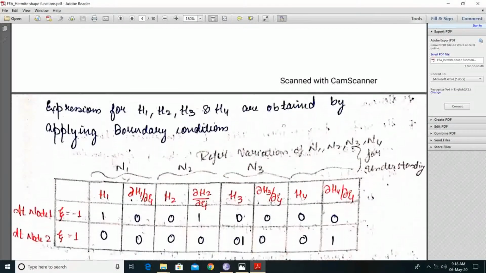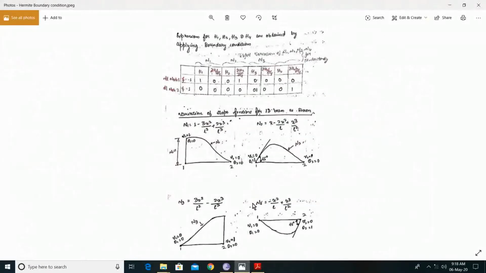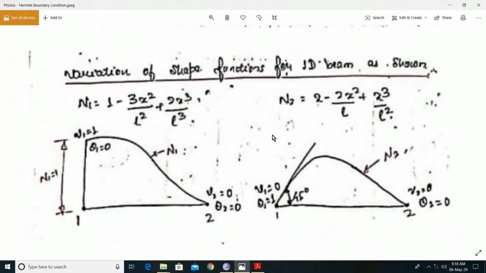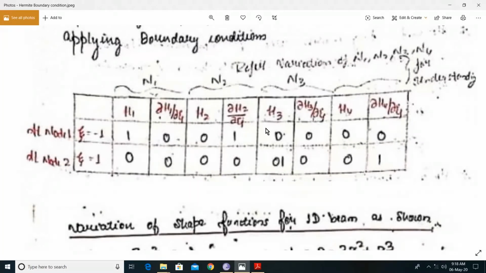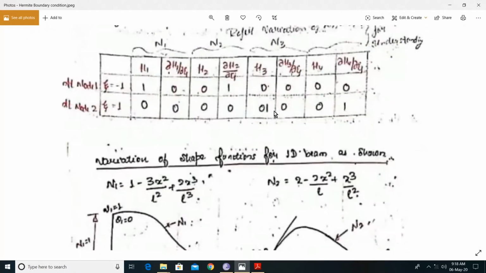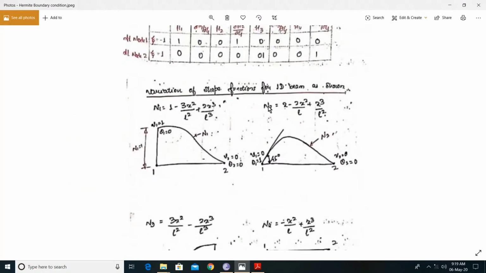Now in order to derive the Hermite shape functions H1, H2, H3 and H4, we need to apply boundary conditions. So this table gives you the boundary conditions. In order to properly understand this table, we need to refer to the variations of shape functions which were discussed in the earlier class.